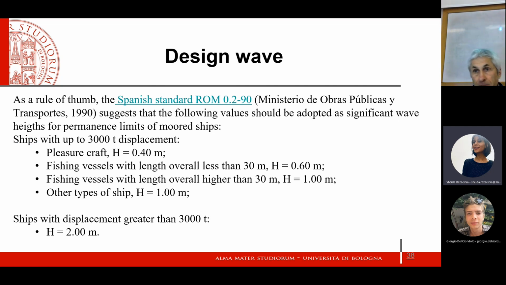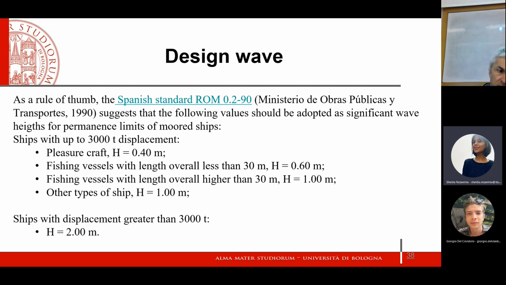And so what is the rule of thumb for waves in a harbor? It depends on the ships, of course. And again, the Spanish standard suggests, for ships up to 3,000 tons of tonnage, these rules of thumb. For small ships, we can take a wave height of 0.4 meters.